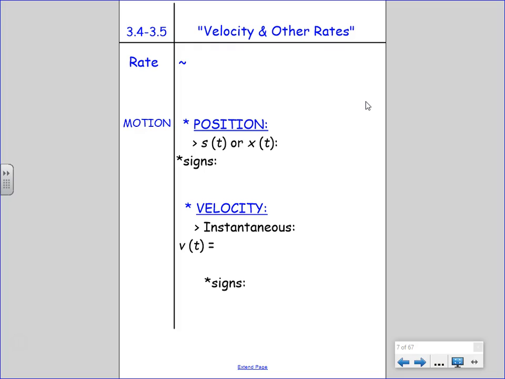Okay. Rates. We haven't explicitly said it, we just kind of breezed over. We already talked about the difference between instantaneous and average, but since you guys are having word problems from physics, I just wanted to review a few.